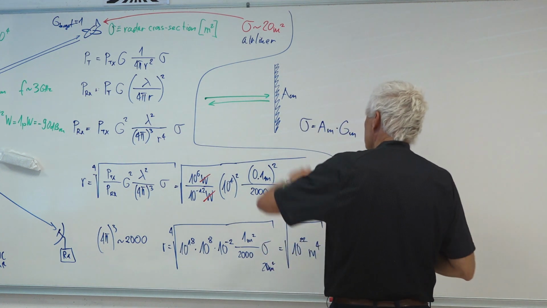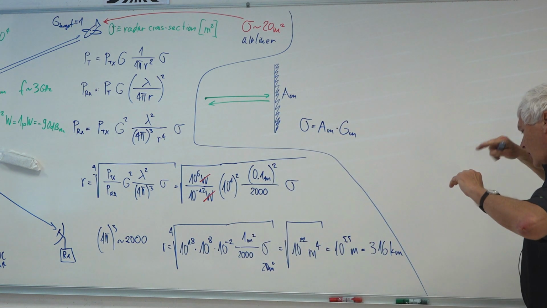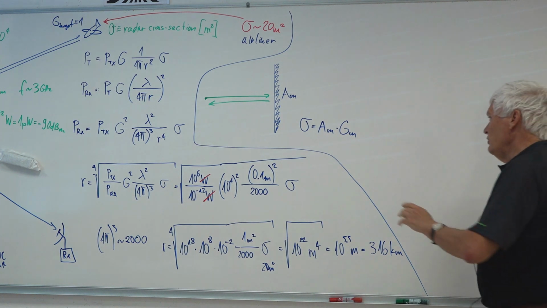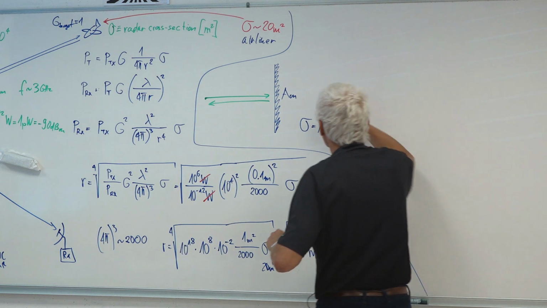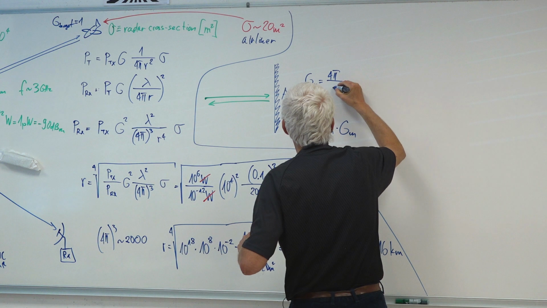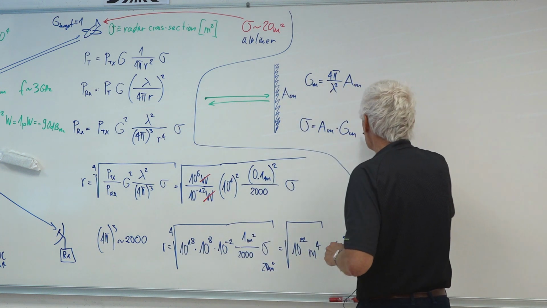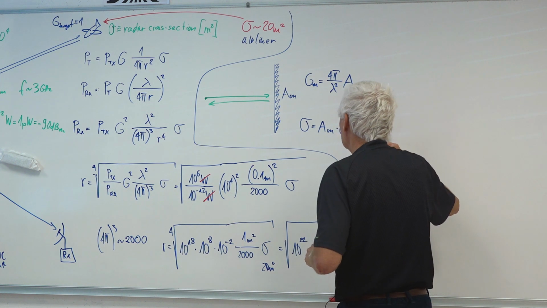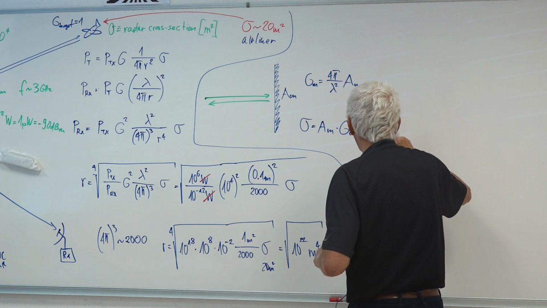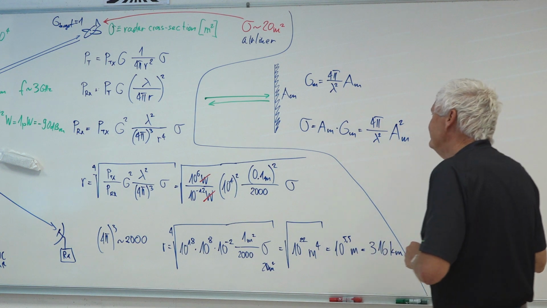The gain of the mirror, because this is a uniformly illuminated aperture, where all the single Huygens surfaces sum together, is 4 pi over lambda squared times A mirror. So the sigma of a mirror may be pretty large. It's 4 pi over lambda squared times the actual surface of the mirror squared.